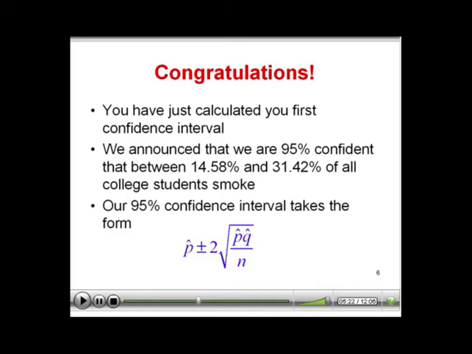We multiplied this by 2 since we want a 95% confidence interval, and the empirical rule ensures us that 95% of sample proportions are within 2 standard deviations of the true proportion. Finally, we added and subtracted this quantity from p hat to get the range of values within which we expect to find the true proportion of college smokers.